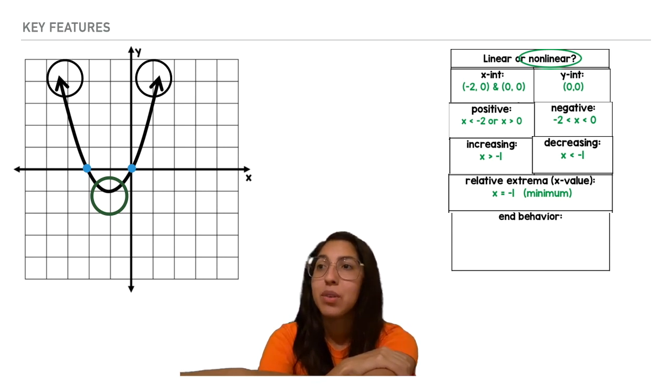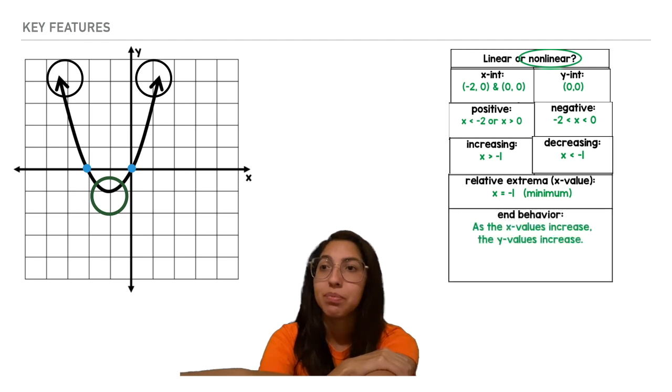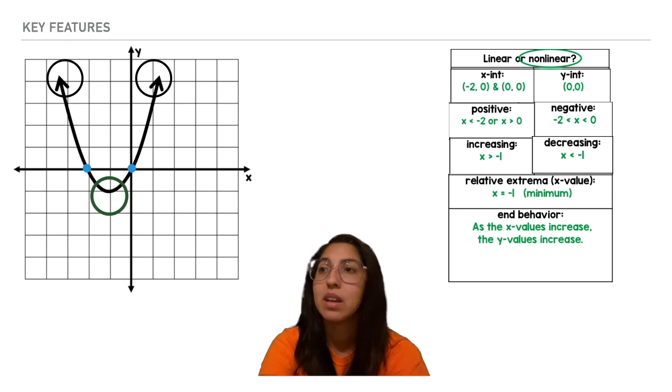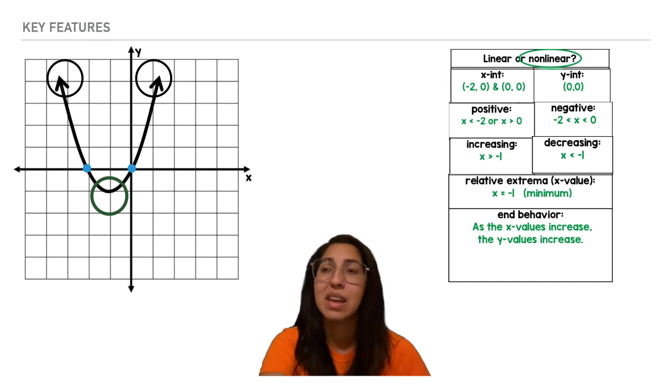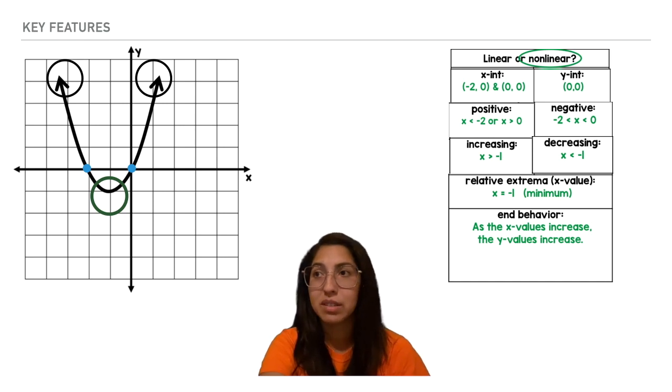And now end behavior, we're looking at these endpoints. As the x values increase, the y values increase. And also as the x values decrease before -2, so -3, -4, -5, the y values are still increasing.